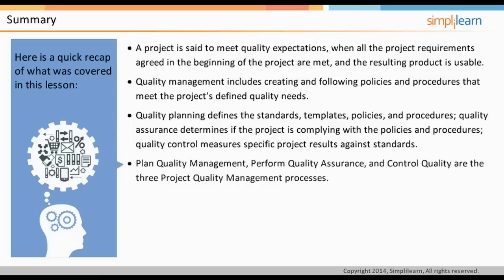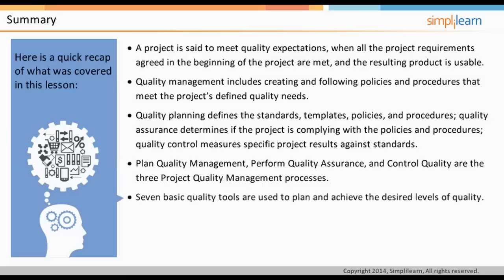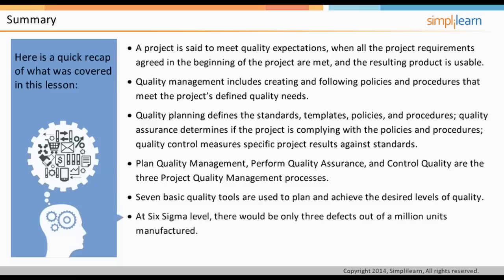Plan quality management, perform quality assurance, and control quality are the 3 project quality management processes. 7 basic quality tools are used to plan and achieve the desired levels of quality. At 6 sigma level, there would be only 3 defects out of 1,000,000 units manufactured.